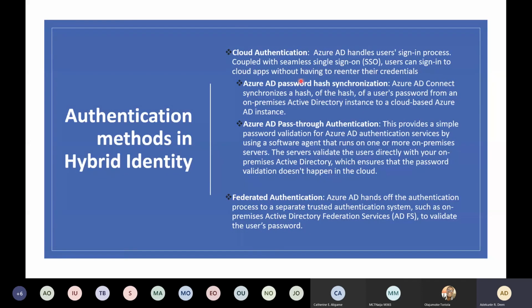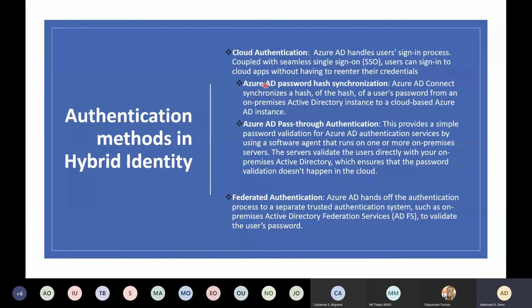Cloud authentication is you trusting Azure Active Directory enough to allow it to do the authentication for you. You hand off your user sign-in process with seamless single sign-on, whereby users do not have to repeatedly input their password when they want to access another cloud application. You automatically sign them in.